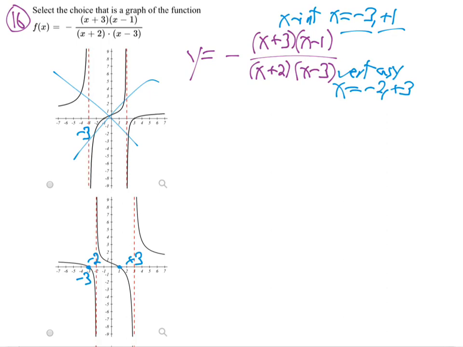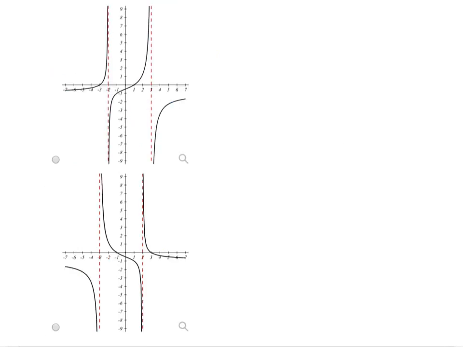So again, I'm going to go over here and I'm going to have to write the function for us again on this one, because these are the other two options on the other side. Again, it's x plus 3, x minus 1 over x plus 2, x minus 3.